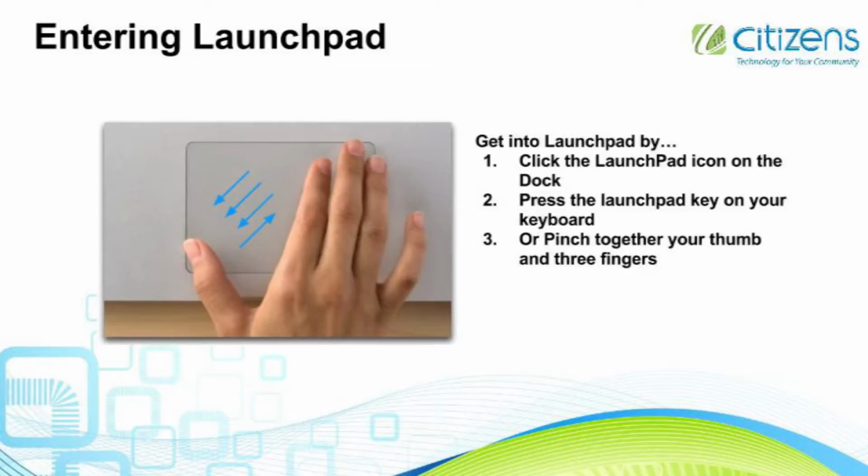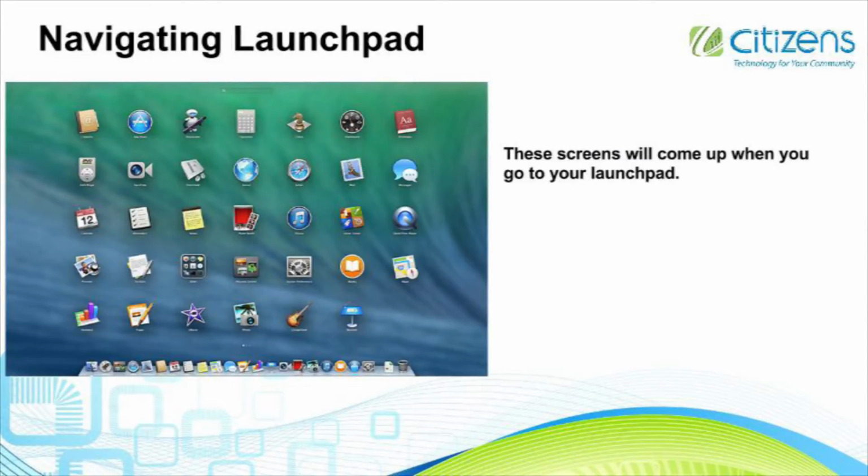Or you could press the Launchpad key on your keyboard. It's a little key on your keyboard. Or you could pinch together your thumb and 3 fingers, which we kind of went over already. So there's a few ways you could get to your Launchpad, so don't worry about not getting to your Launchpad. And these screens that you see here are your Launchpad.